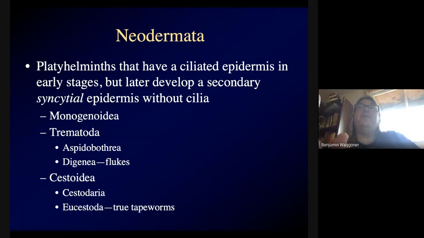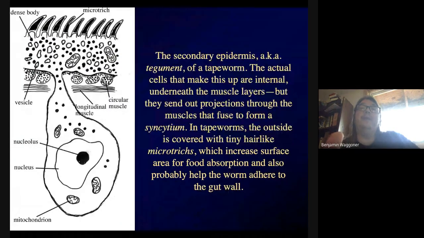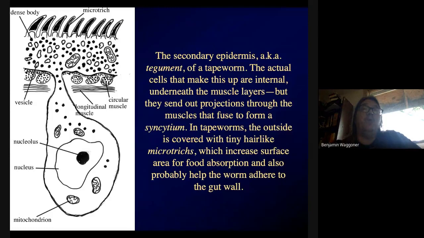And that's what that secondary epidermis looks like. This happens to be a tapeworm, but the basic anatomy would be pretty similar in monogeneans and flukes as well.